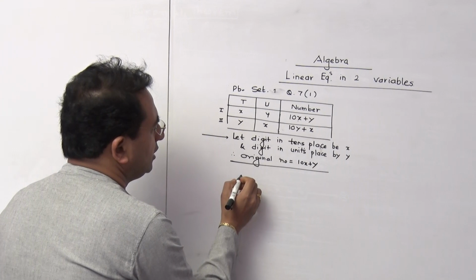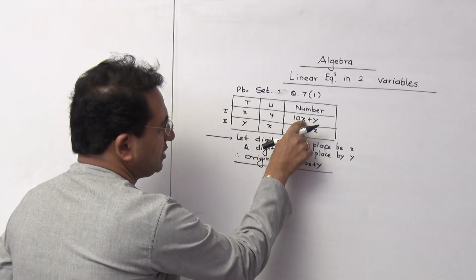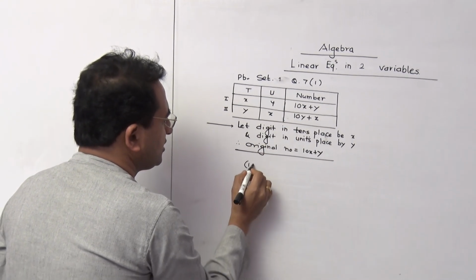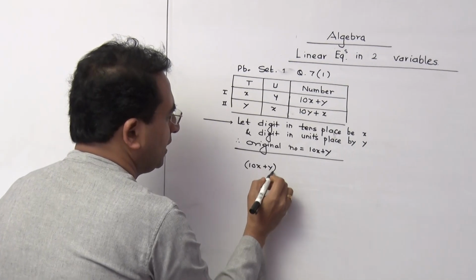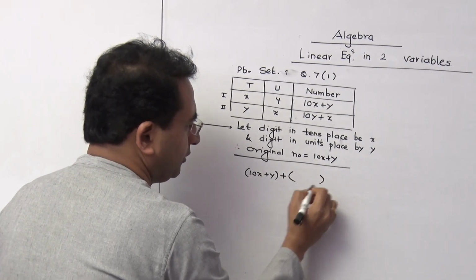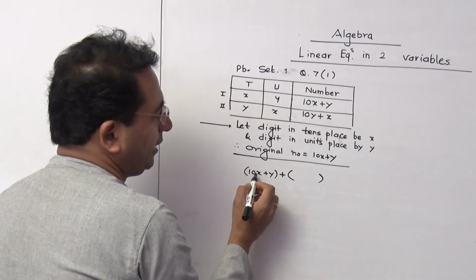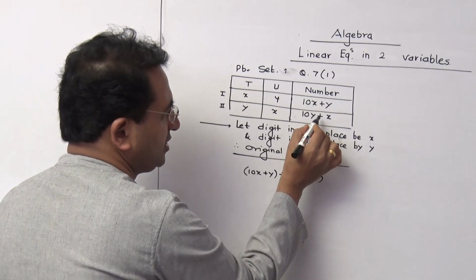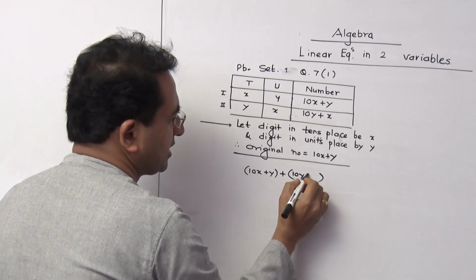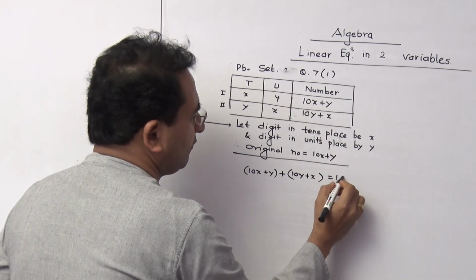See this one. Sum of a number means this original, that is 10x plus y. Sum of means addition. Sum of the number and the number obtained by interchanging the digits means this number, that is 10y plus x, is 143.